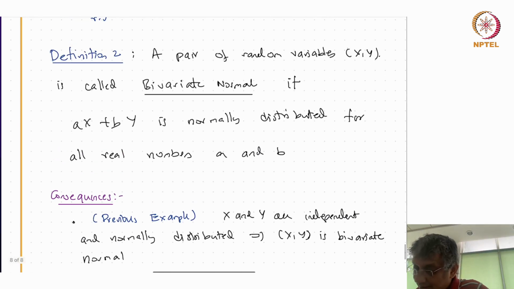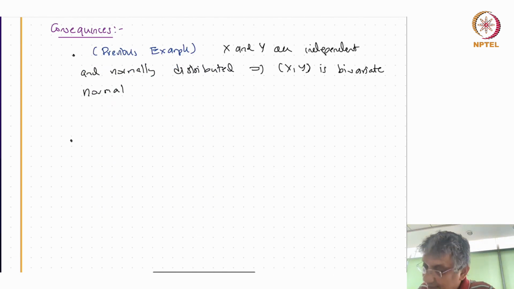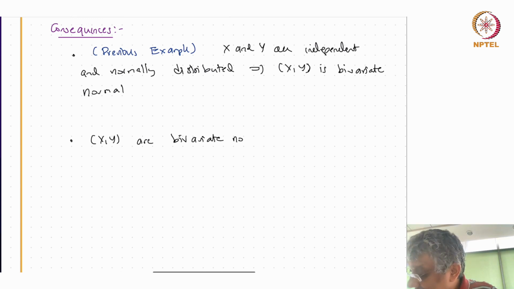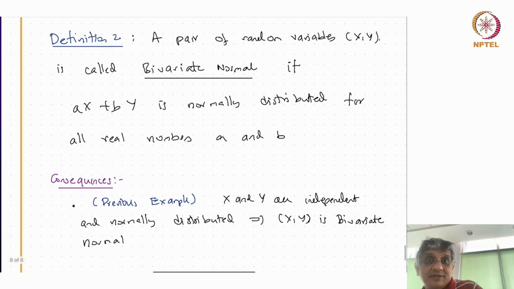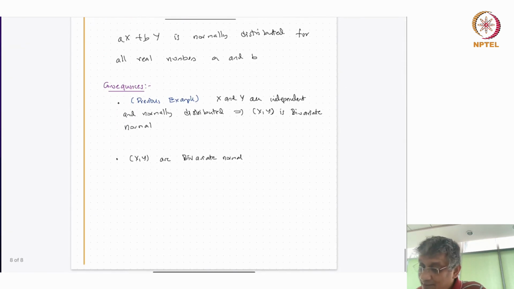The next thing we can say is, let's say x and y are bivariate normal. That means they have some joint density, but all we know is that the linear combination is normal. Let me take a simple linear combination: a equal to 0 and b equal to 1, and a equal to 1 and b equal to 0.